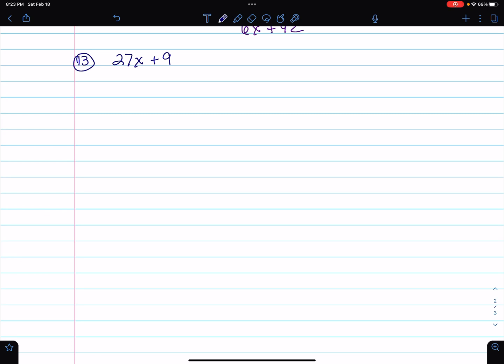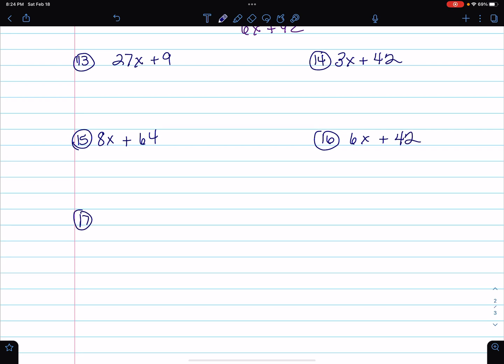I want you to factor that. 14 would be 3x plus 42. 15 would be 8x plus 64. 16 would be 6x plus 42. 17 will be 2x plus 100. 18 would be 25x plus 175.